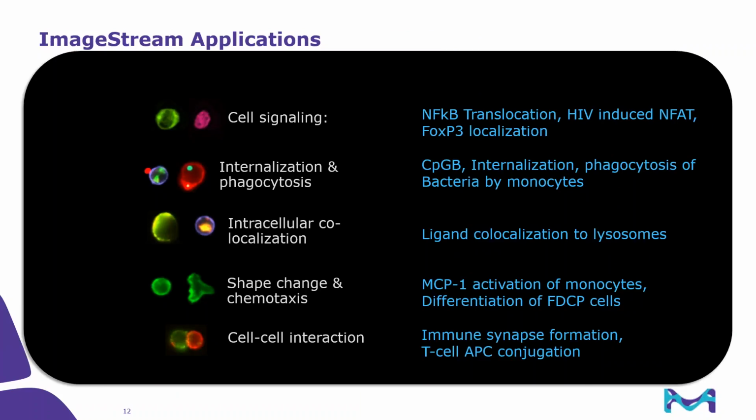Now, the ImageStream can be used for a number of different types of applications. Some of our core applications include cell signaling, things looking at NF-kappa B or FOXP3 localization as cytoplasmic or nuclear, identifying internalization and phagocytosis either in exosomes or in yeast or bacterial particles, looking at co-localization, how molecules are internalized and trafficked within the cell either through an endosome or a lysosome.